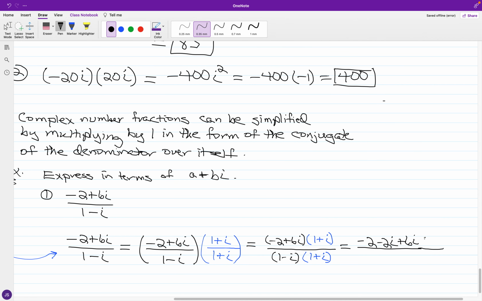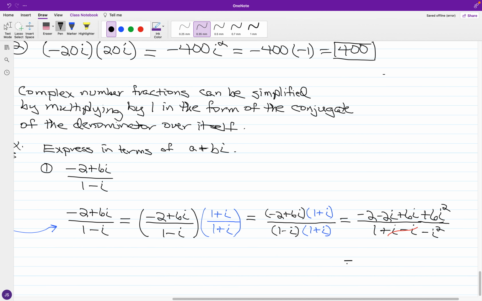Now in the denominator, we have 1 times 1 is 1. We've got plus i minus i. Again, we have conjugates involved, so you have minus i squared. Again, we have positive and negative i to go out. And I'll just bring down what we have.